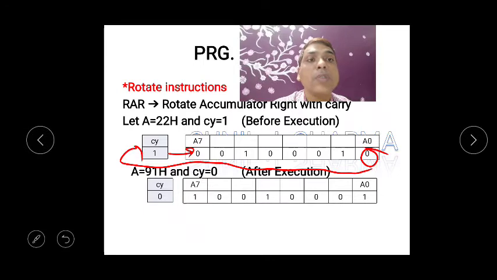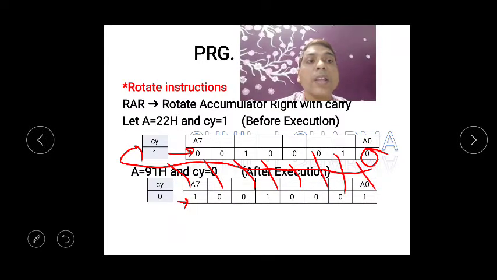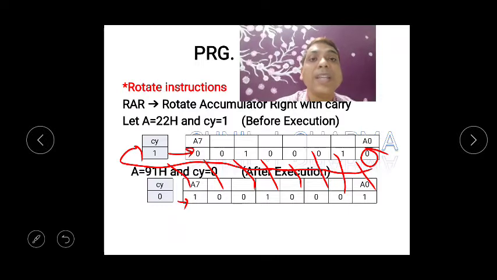So this 0 goes to carry, the carry 1 comes to A7, and every bit will be shifted towards the right. I hope you can see that. And we got 91.